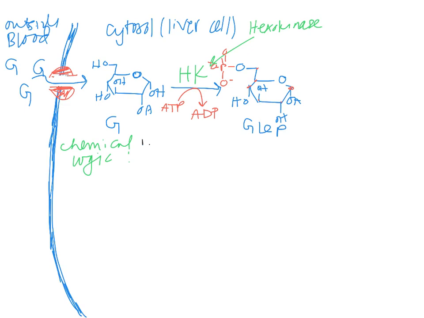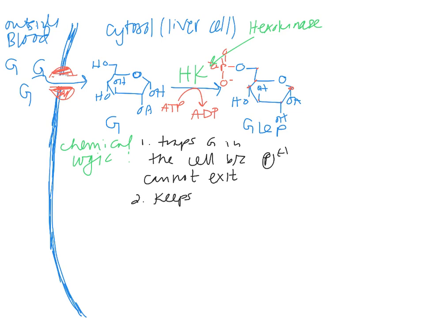The first reason is that it traps glucose in the cell because that negatively charged phosphate cannot exit. There's no transporter to get G6P back out of the cell. Okay, so it traps G6P in the cell.